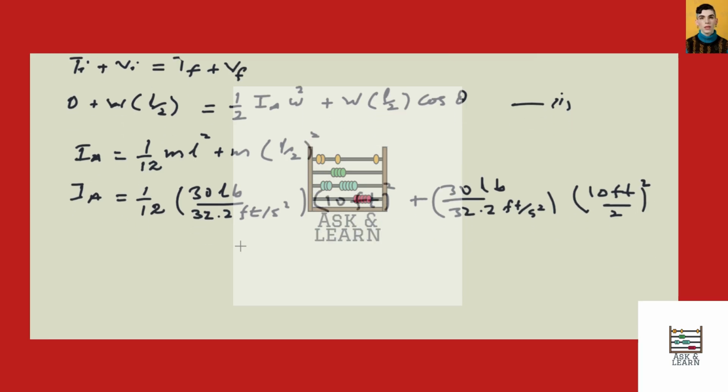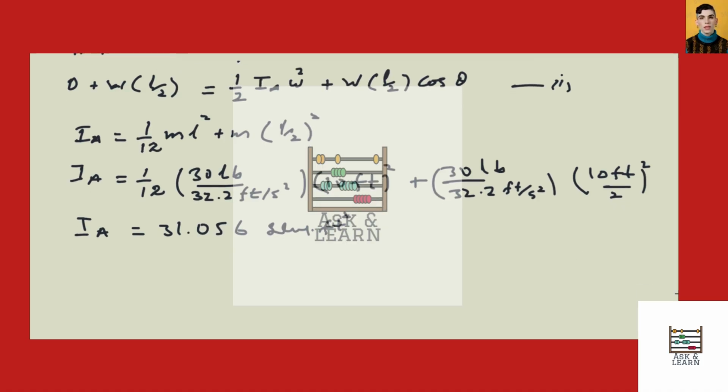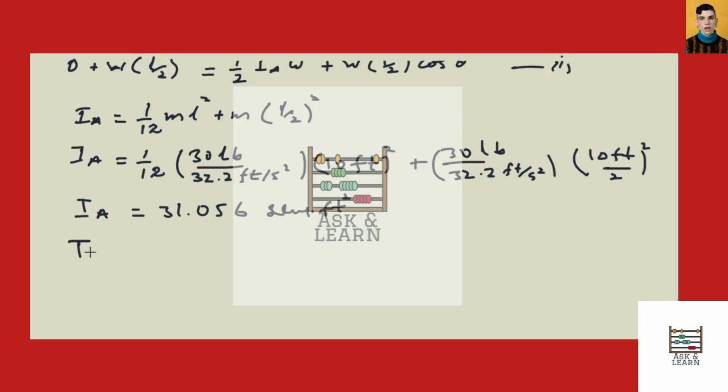So this will give us the value for this Ia is equal to 31.056 slug feet square.